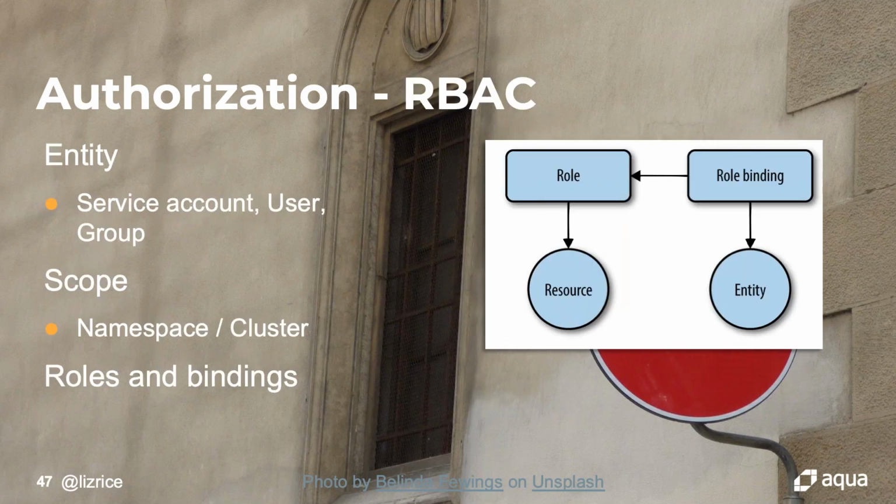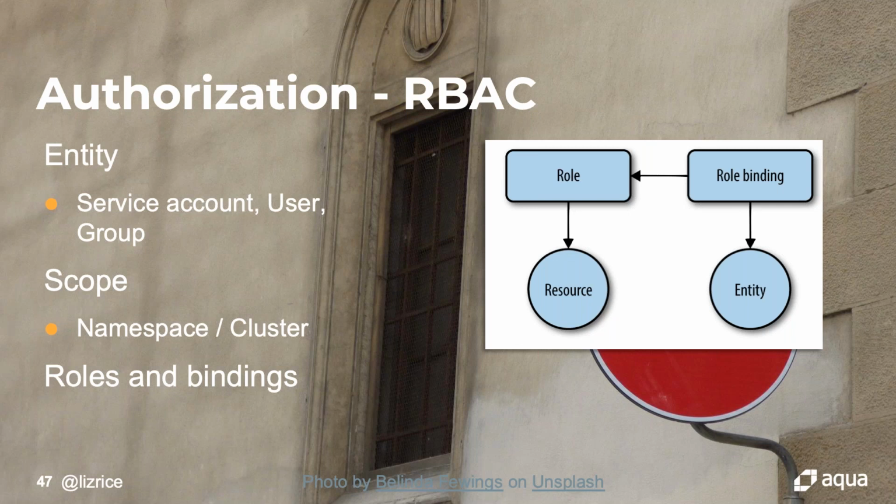RBAC itself provides some abstractions between what we've called entity here, so that's a service account or a user or perhaps a group of users and groups being defined outside of Kubernetes. Those entities need to be given permissions to act on resources, and there are two abstractions between an entity and the resource that it can act on. So a role defines verbs and resources.